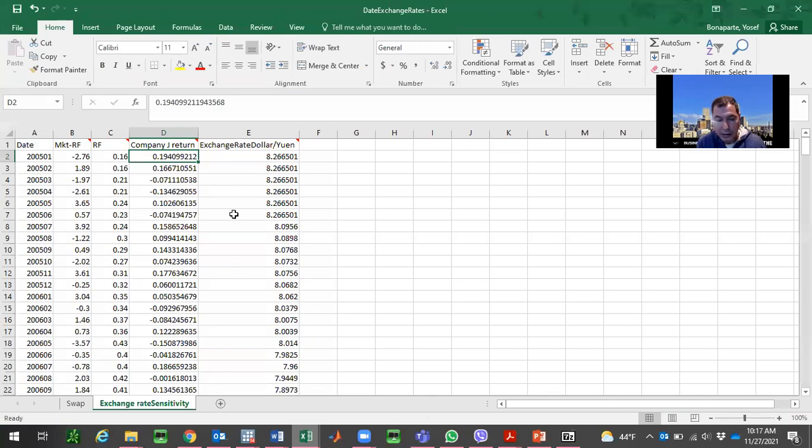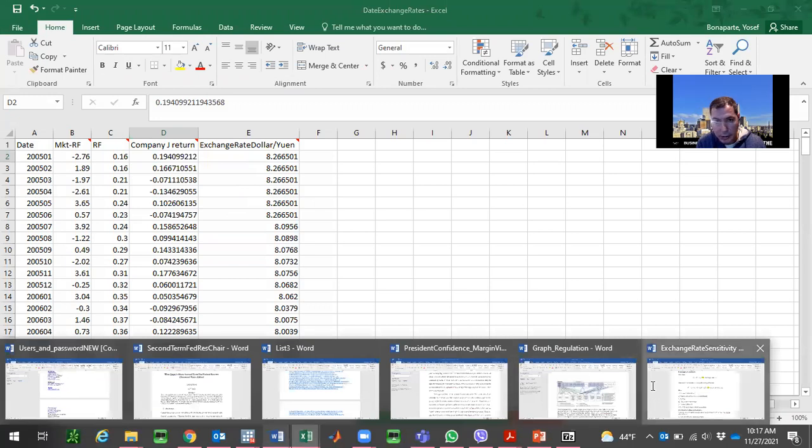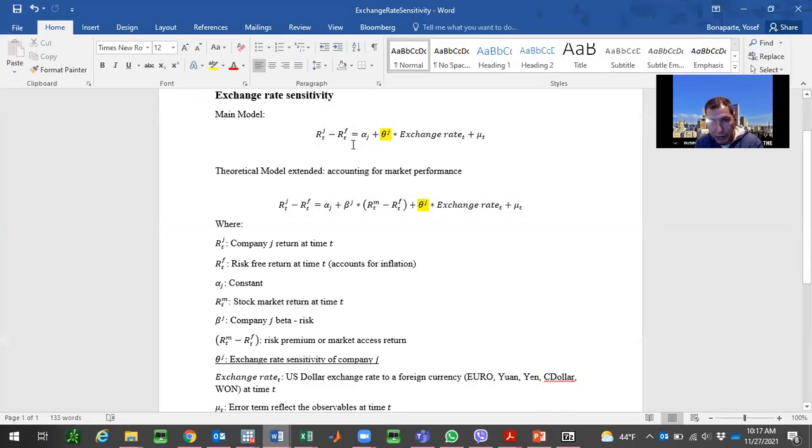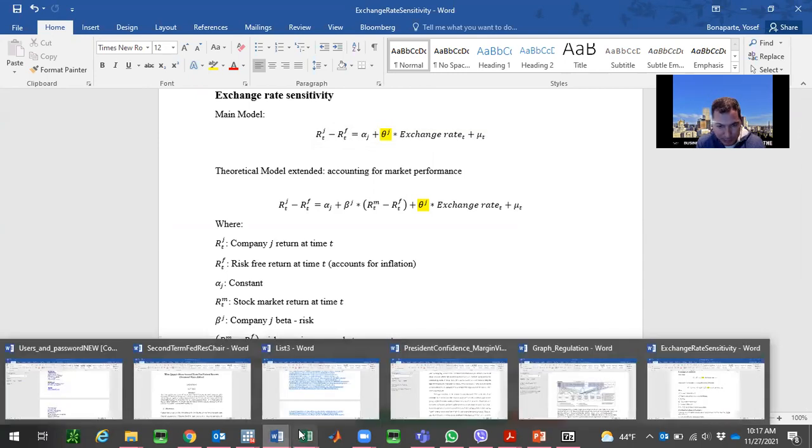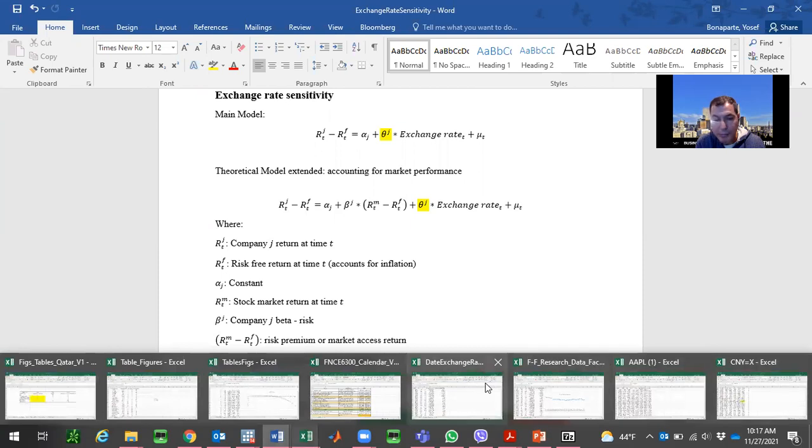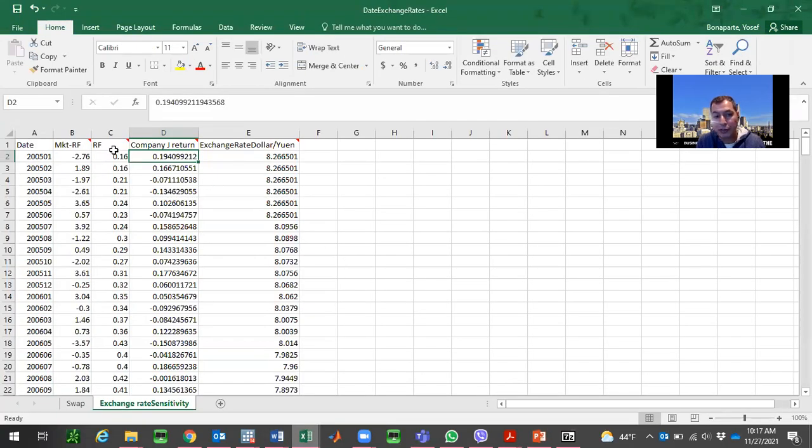Done. So we got that done. So now, again, I'm going to go back to the Word document. What is my left-hand side? Left-hand side is RJ minus RF, which is company return minus RF after inflation. So you may ask me why you use the RF, which is a bond, not the inflation. Not a big deal, not a big difference. Usually the rates are very similar, but academically we use that.